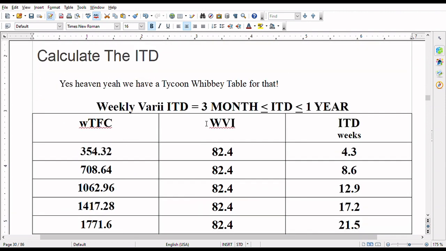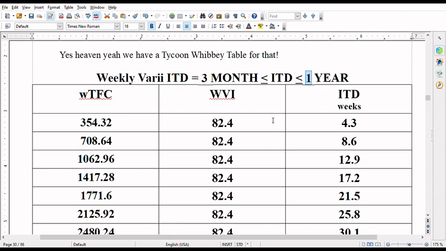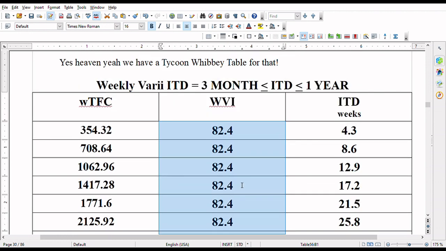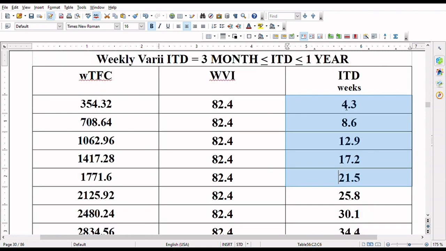When we think about our ITD, our minimum standard is 3 months and our maximum standard is a year. And we see our WVI has become static because we chose it from the partial Tycoon Wibby table above. And we see how the WTFC changes with an increasing ITD. 1 month, 2 months, 3 months, and of course we like the 3 month. So we'll have a WTFC of 1062.